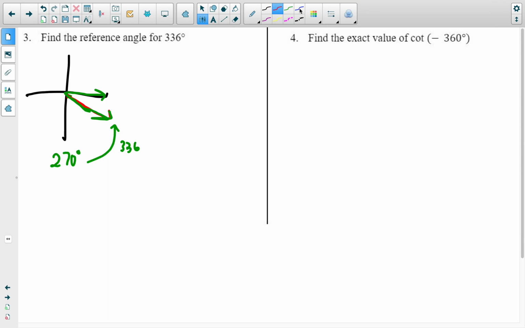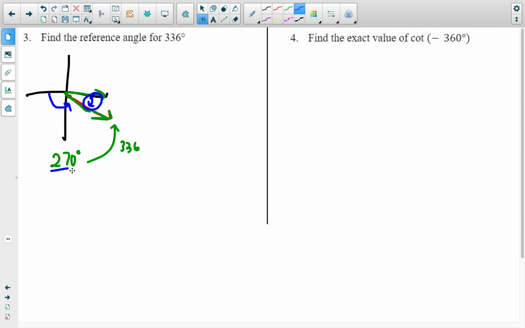Which angle is going to be our reference angle? Is it going to be this angle from the x-axis or this one? Right, whichever one's smaller, it's this one, okay? So we would normally have this be a negative angle because we're moving clockwise, but because reference angles are always positive, we're going to have a positive degree measure, and we just have to figure out what that is, right?